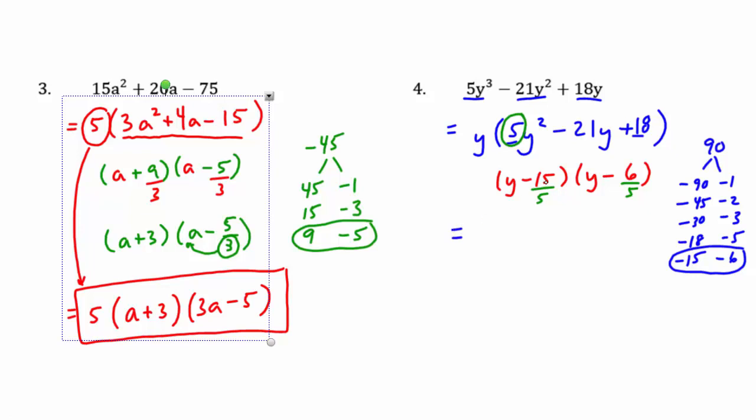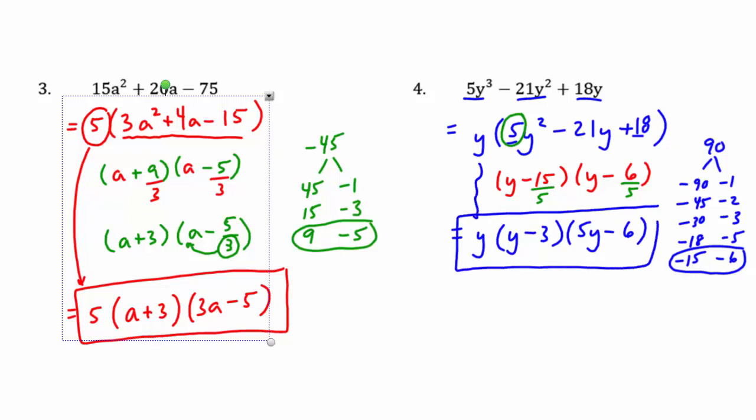See, 15 divided by 5 is 3. And 6 over 5 is already reduced, so now I'll just bring that 5 in front of the y. And this is our factored form. Again, don't forget to bring down this y that we factored earlier on.